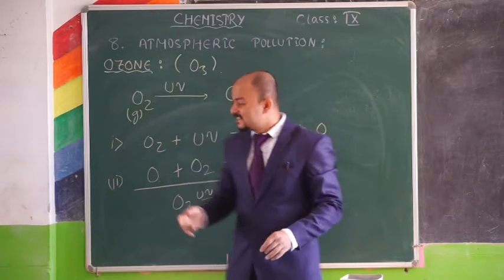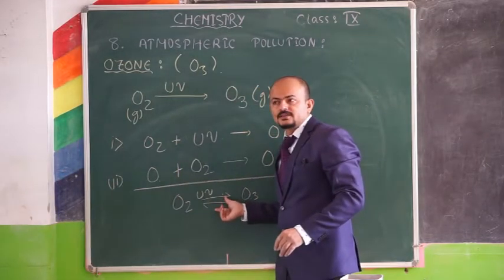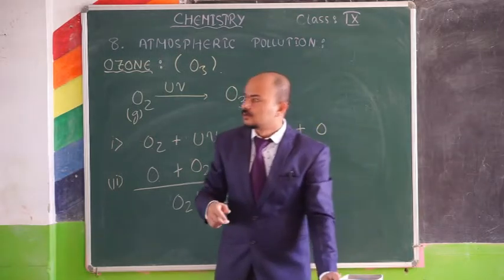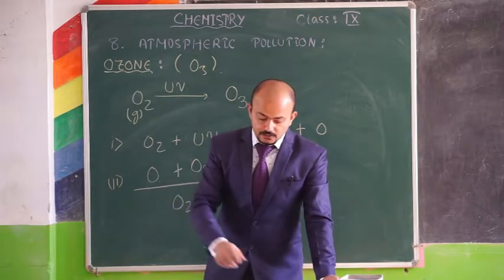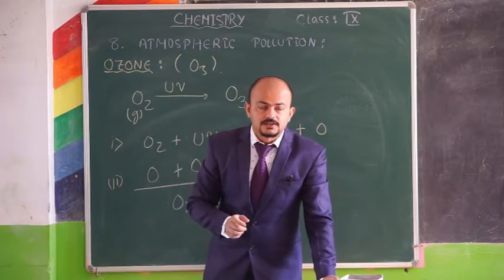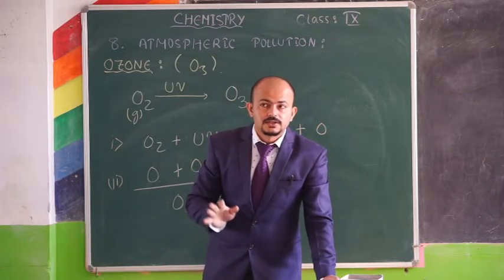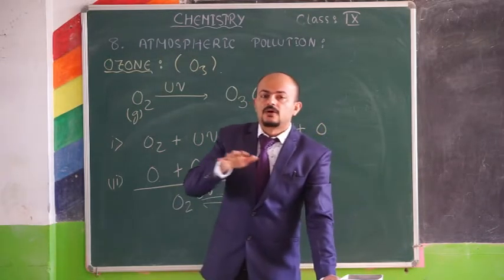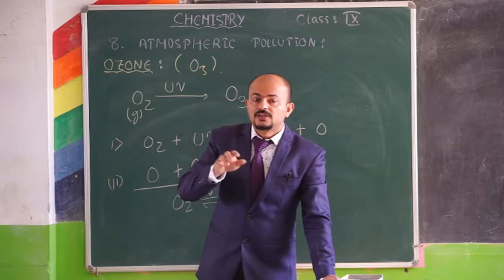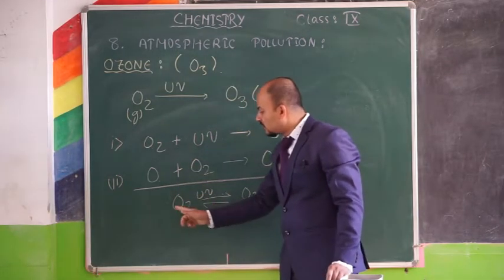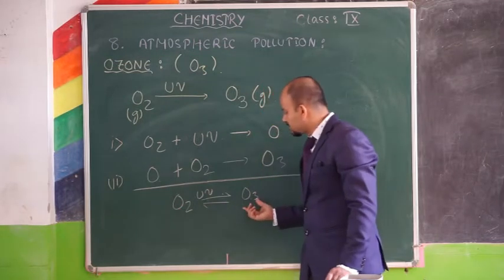Whenever this equilibrium gets disturbed, we get depletion of the ozone layer. Depletion of the ozone layer means this blanket of ozone, as the equilibrium is disturbed, more oxygen will be formed and you will have less ozone.